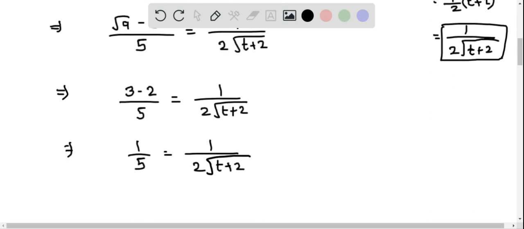Now let's cross multiply. So we will get 2 times the square root of t plus 2, multiplied with 1, so I just write down this as 1, and this equals 5 times 1 equals 5.